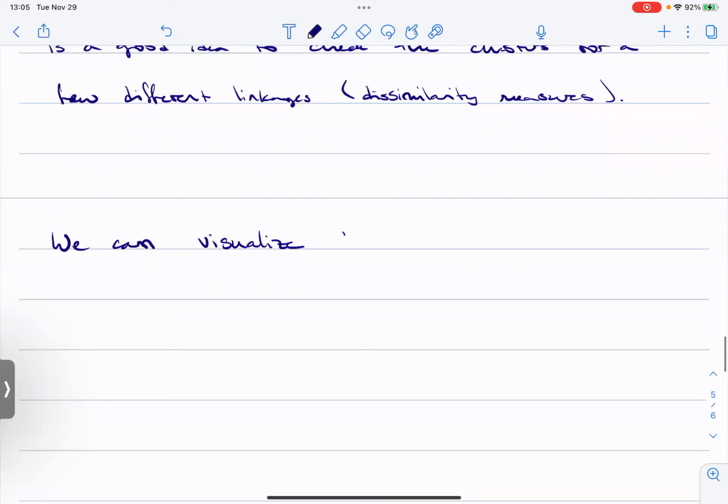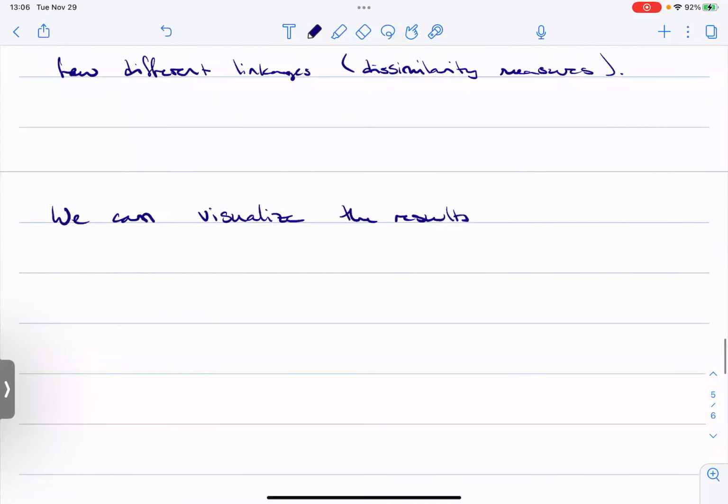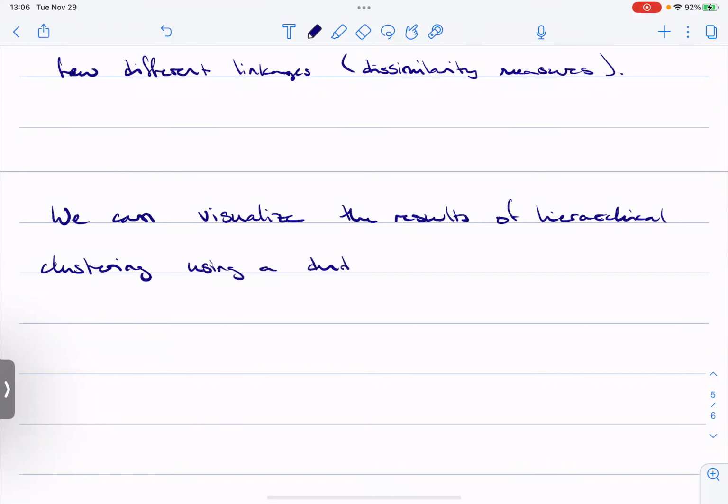We can visualize the results of hierarchical clustering using a dendrogram.